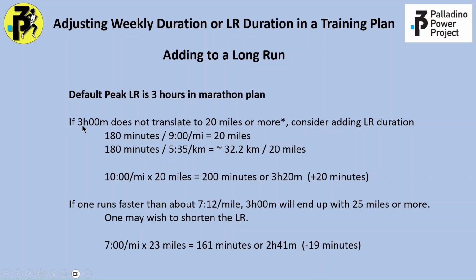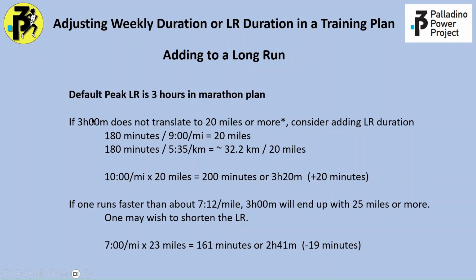If you do not cover 20 miles or more in 3 hours, then you should consider adding long run duration. There is a number of studies that show a correlation between the number of 20-mile runs prior to a marathon and marathon performance. So I like athletes to get into that 20 miles as the minimum.